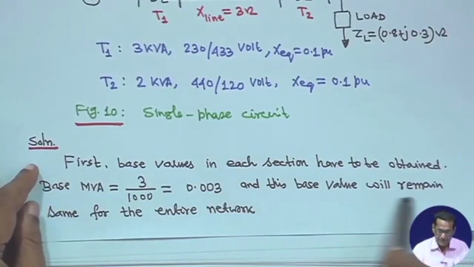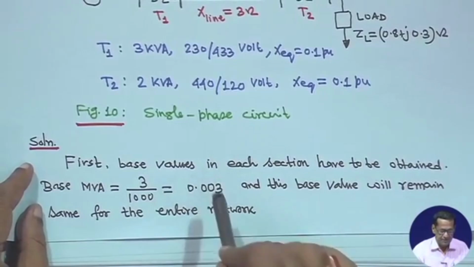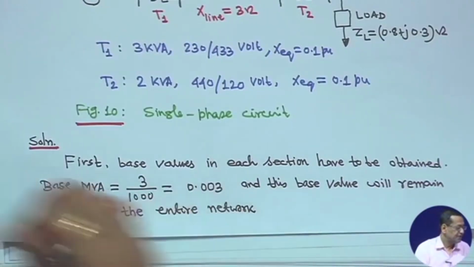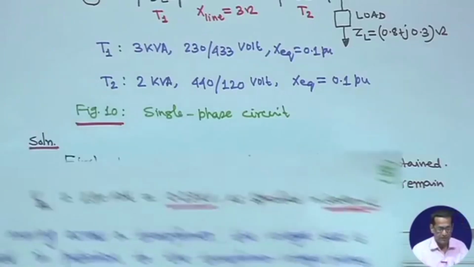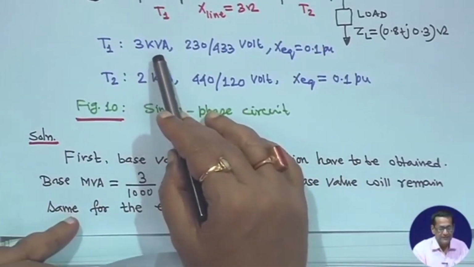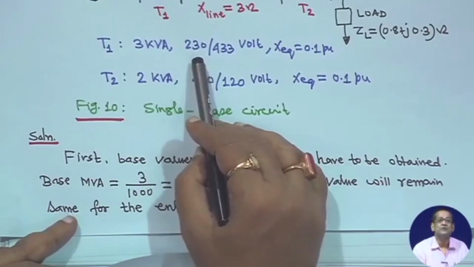This base value will remain same for the entire network, it will not be changed. And base voltage is given as 230 volt, basically given as a base for you, right.